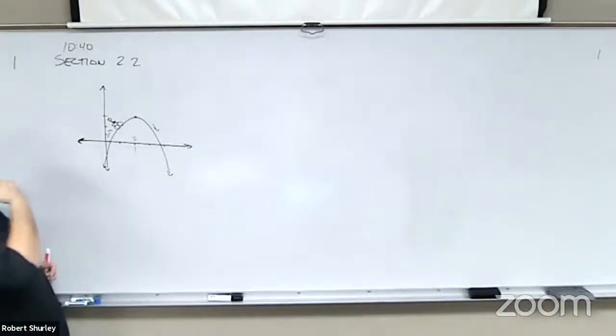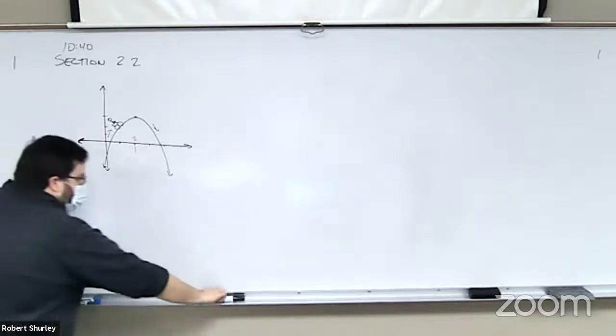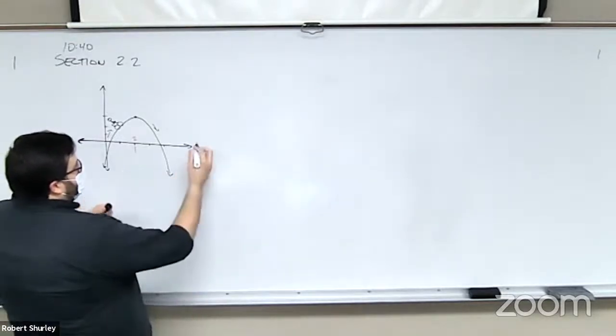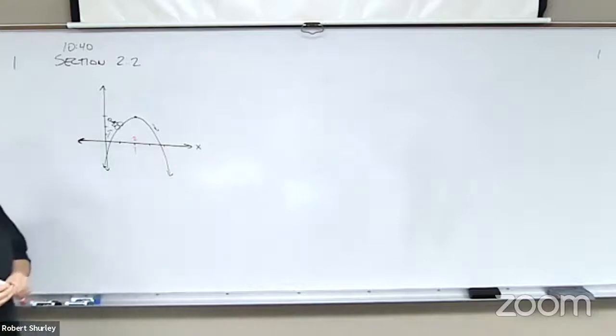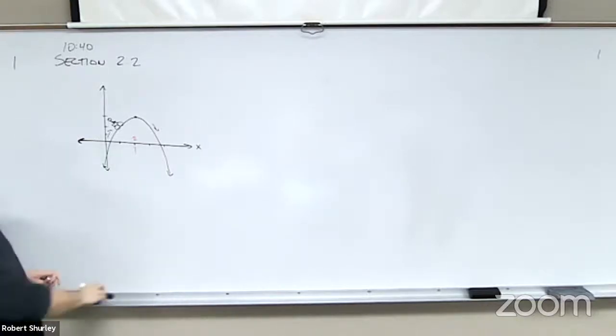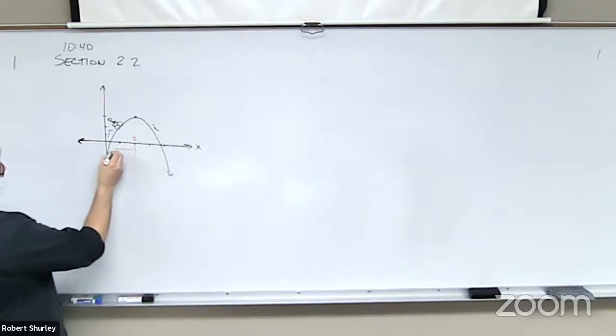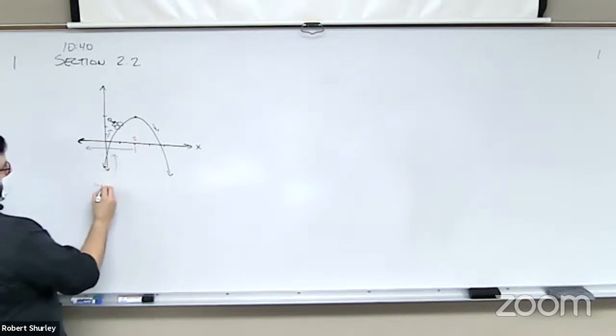But when we talk about increasing or decreasing intervals, we always use x values, okay? We always use the x values. And if you look at this, before 2, that green interval right there, you would say we're increasing, right?